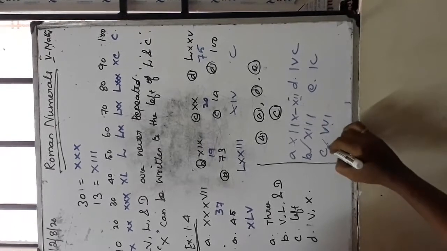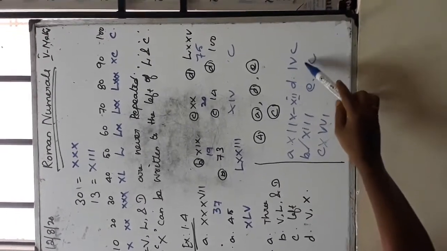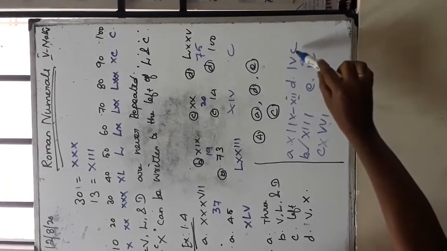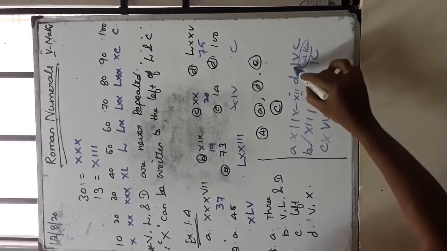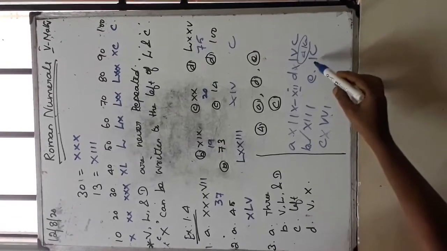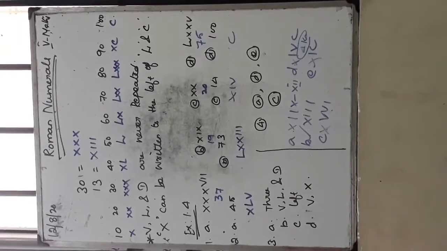So this is also meaningless. D is IVC, so this is also meaningless. IVC is not a correct way, this is also wrong. So E is IC, this is also wrong. That's all. Thanks for watching.